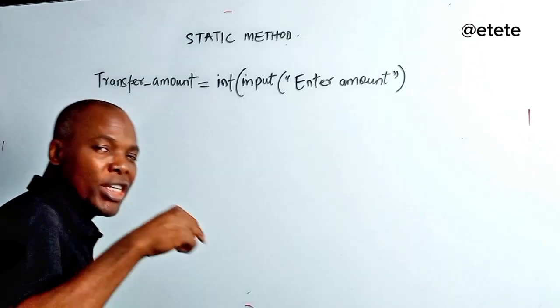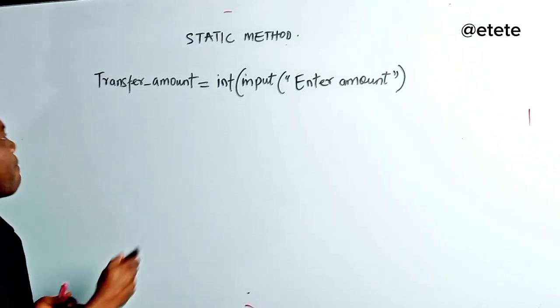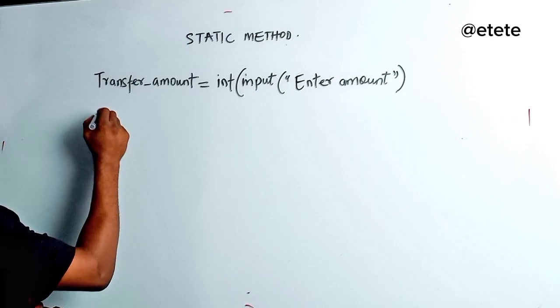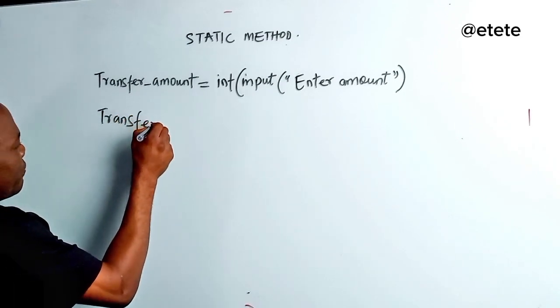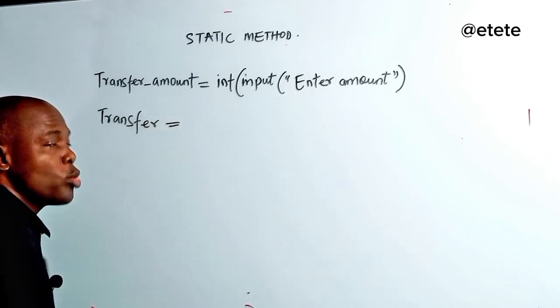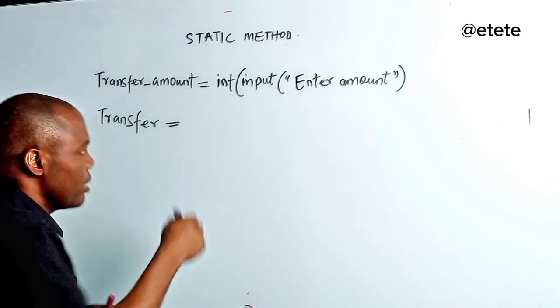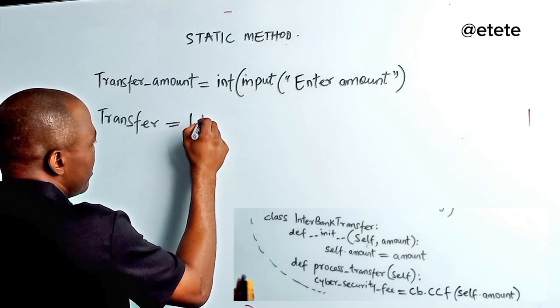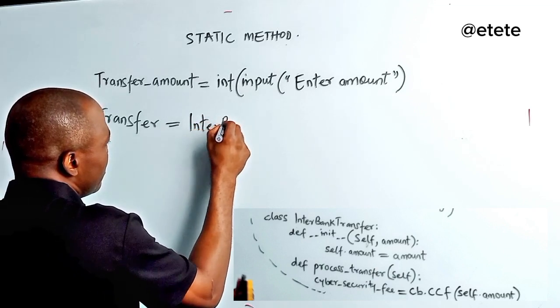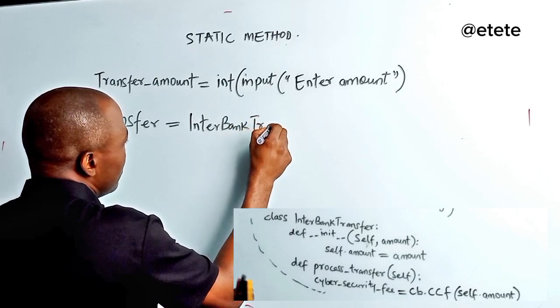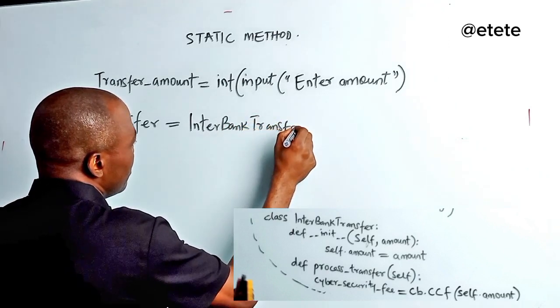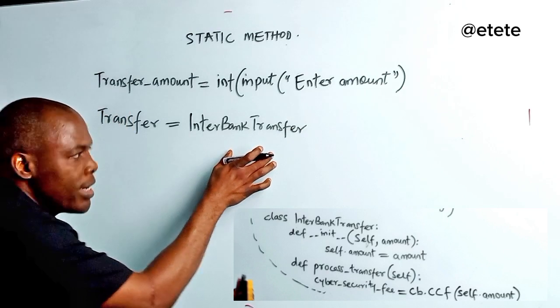Now I'm going to instantiate that interbank transfer. I will just simply call it transfer. That is the object, transfer. Then I'm going to call my class, which is interbank. This is the class, interbank transfer.